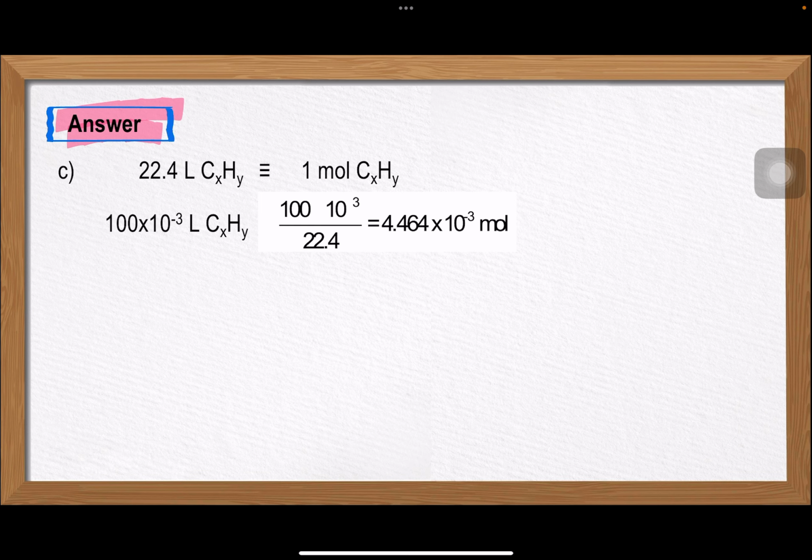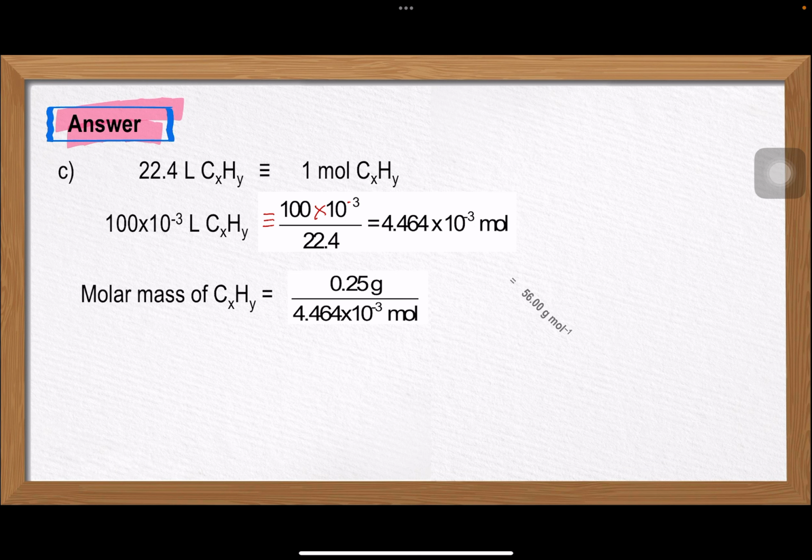So from the calculation, we can get the mole is 4.464 times 10 to the negative 3. So the molar mass is 56 gram per mole from this calculation.